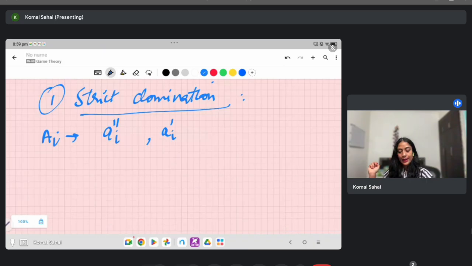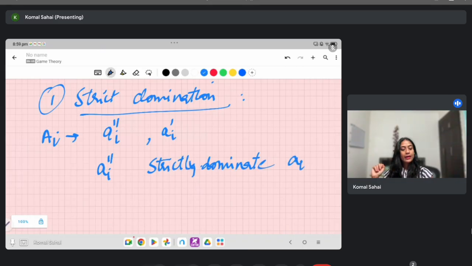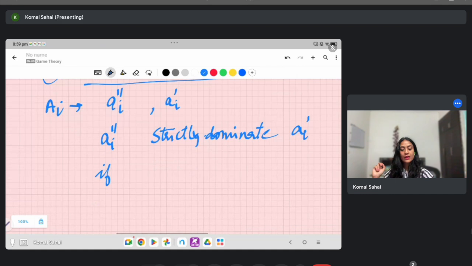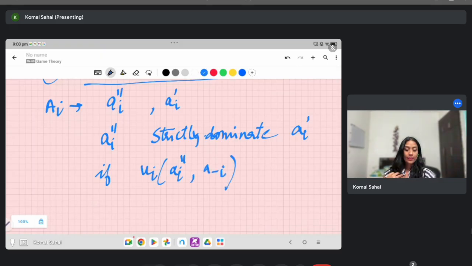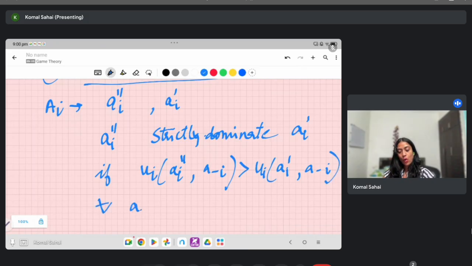Now a_i double prime is said to strictly dominate a_i prime if the utility that player i gets from a_i double prime, given a_-i, meaning any action of the other players, is greater than the utility that player i gets from a_i prime under the same set of actions, and this applies for all actions of the other player.